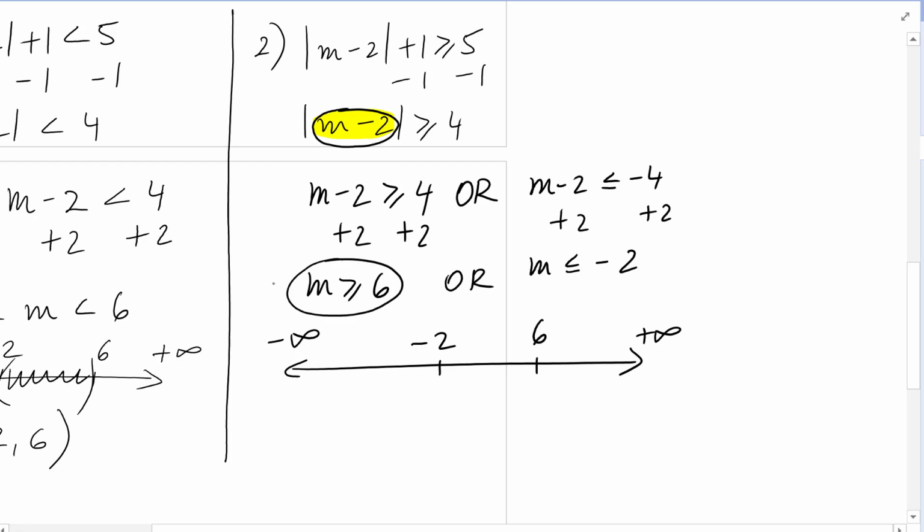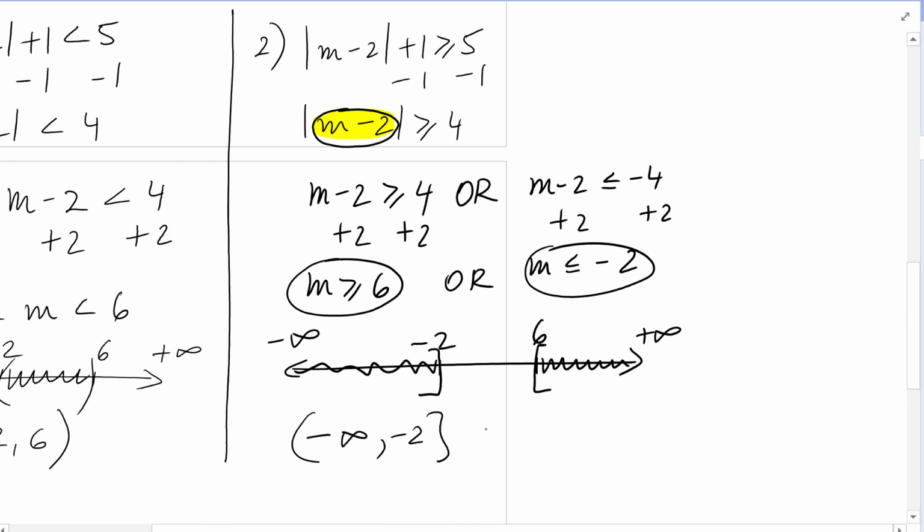So now greater than or equal to 6 would be a bracket and we shade to infinity. Less than or equal to negative 2 means we put a bracket and we shade to negative infinity. But because we have or, the interval would be negative infinity to negative 2, union 6 to infinity. And this would be the final answer for problem 2.